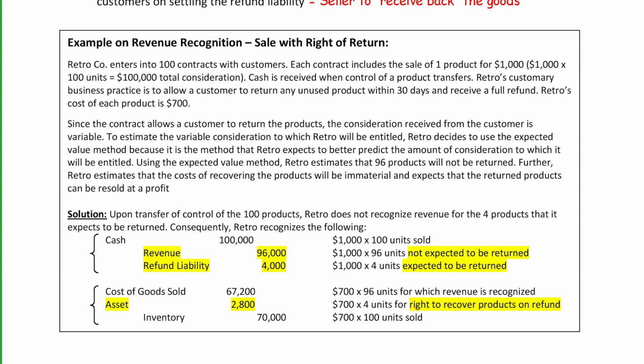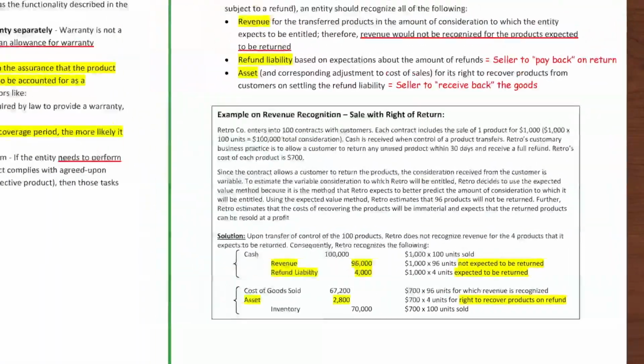So in effect, Retro is recognizing revenue for 96 units, that's $96,000, and cost of goods sold expensed on the income statement is also for those 96 units. So $700 times 96 units, that is $67,200.